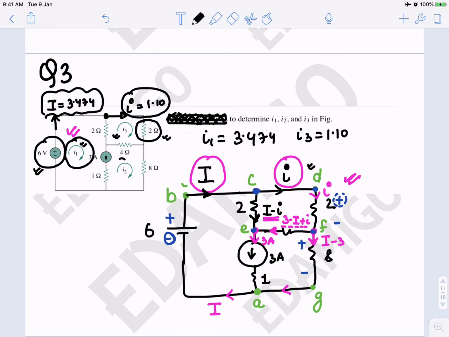Now I2 is a current which is exclusively flowing in the 8 ohm resistance. We have seen that it is equal to capital I minus 3, so I2 is equals to 0.474.